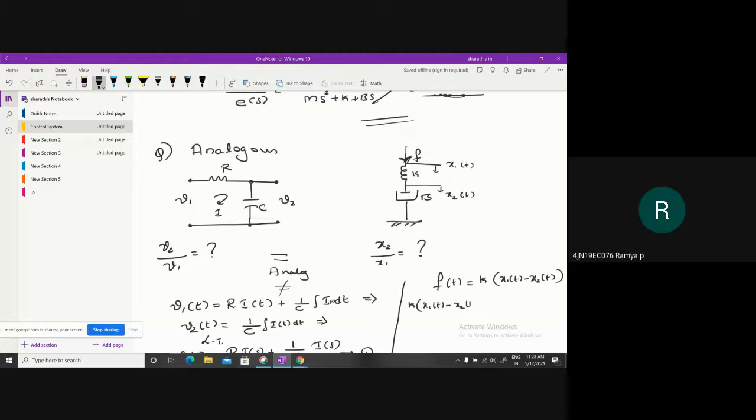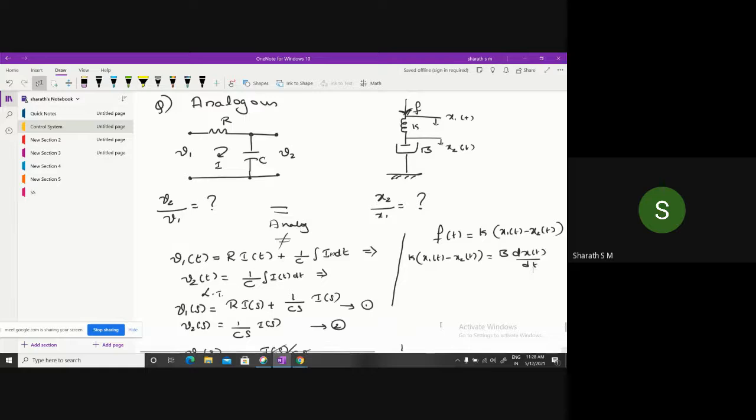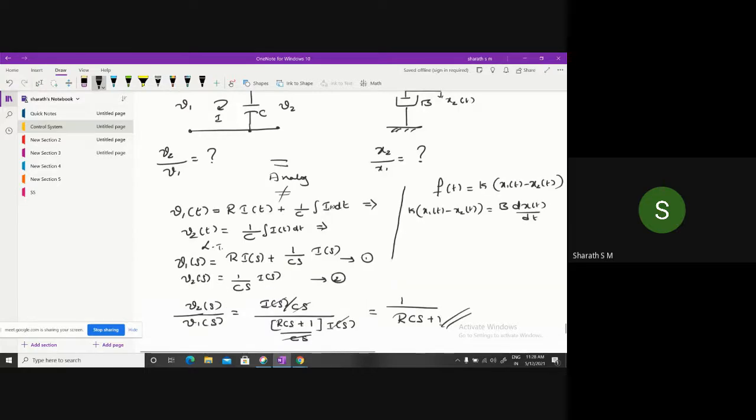K into x1 of t minus x2 of t equals b into d by dt of x2 of t. Now write down the Laplace for these two equations. F of s equals K into x1 of s minus x2 of s.